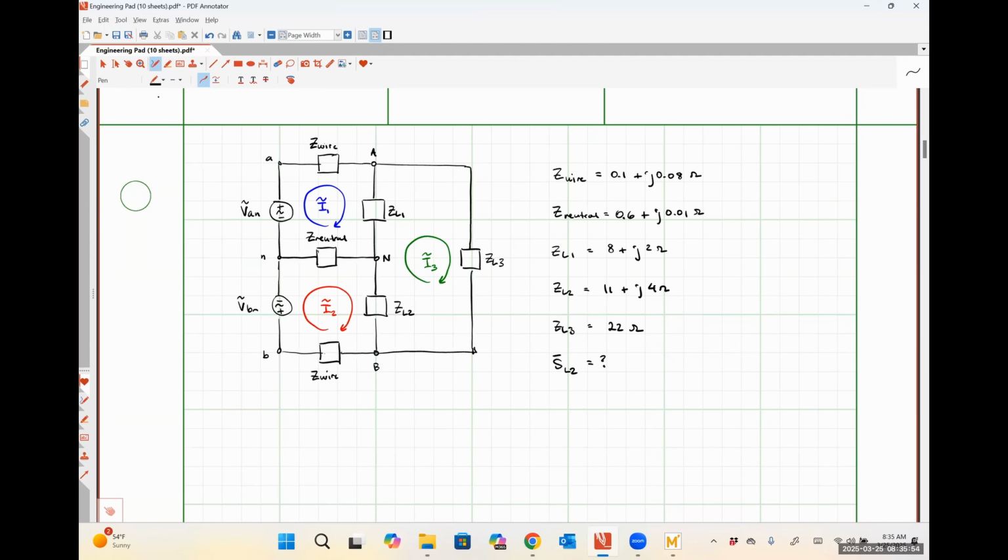So I1 plus I2 is equal to I3 is incorrect.